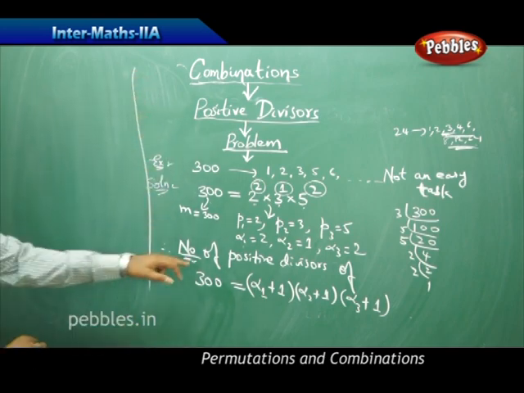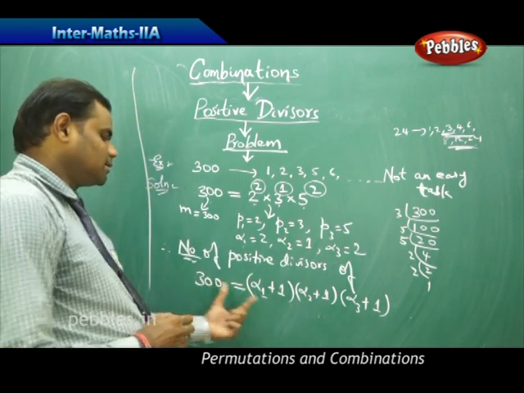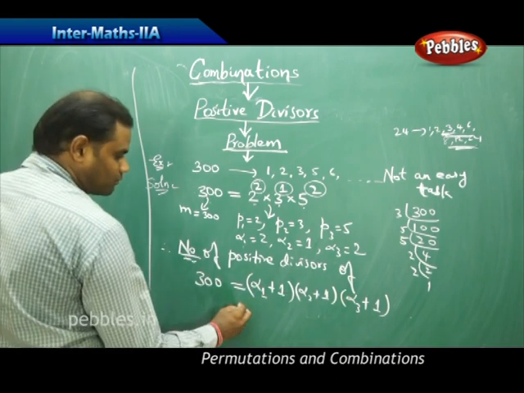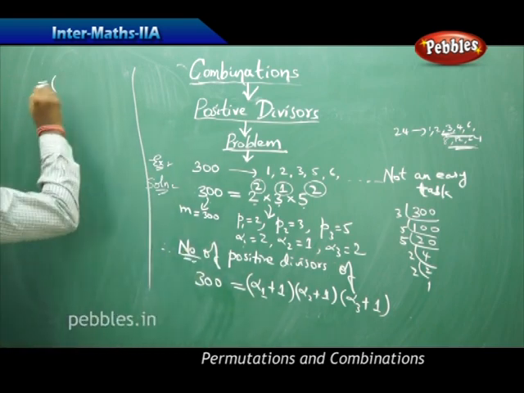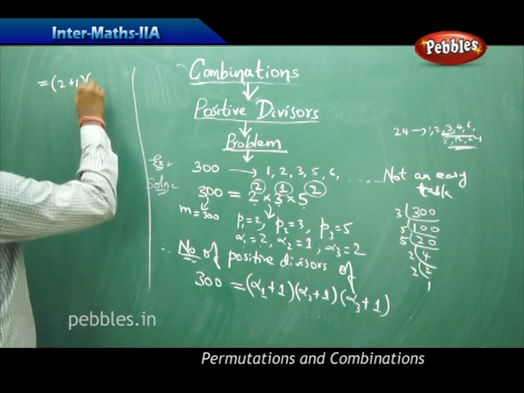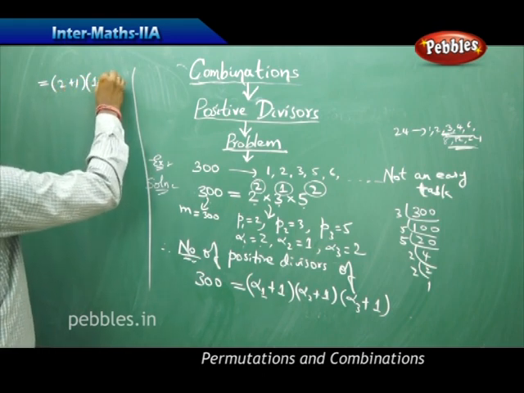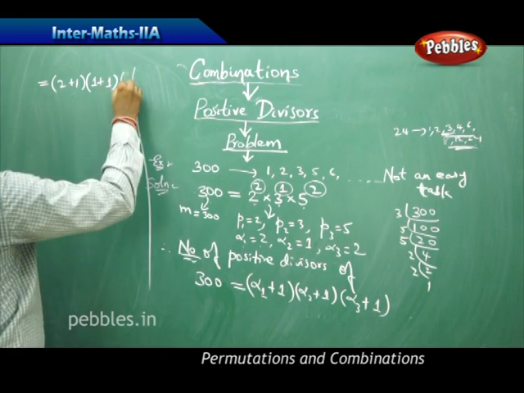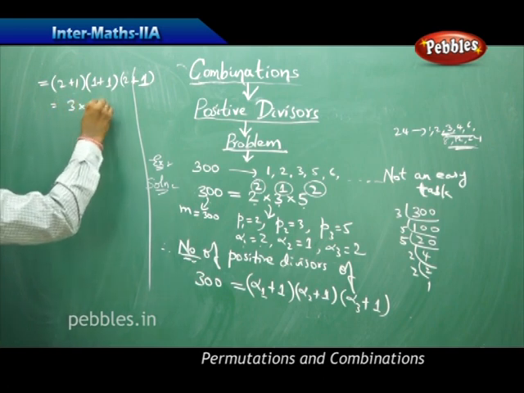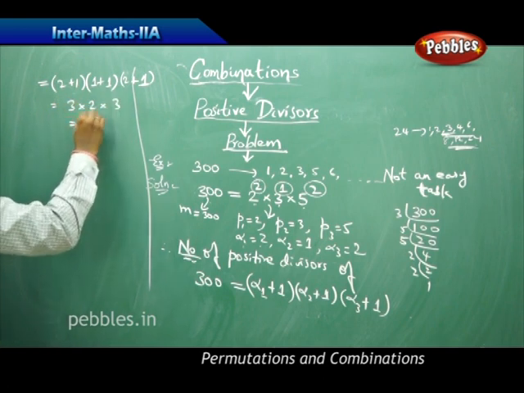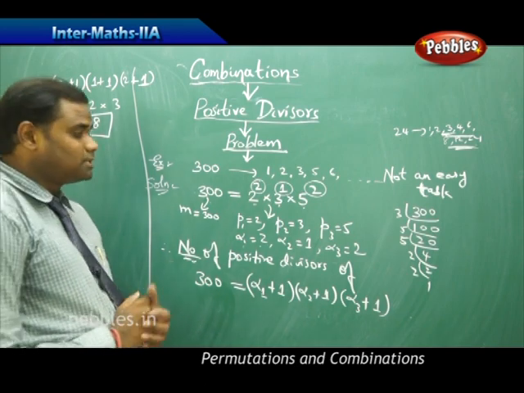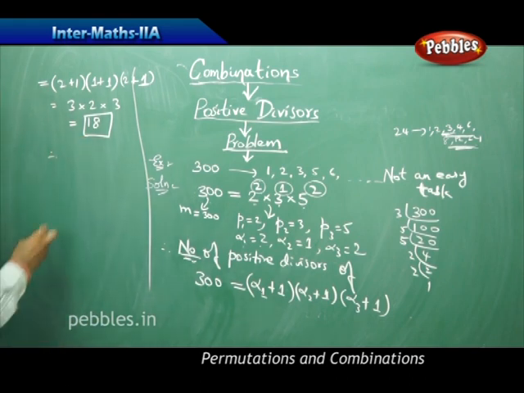On substitution, I get 2 plus 1, 1 plus 1, and 2 plus 1, which gives 3 times 2 times 3, which is 18. Therefore, there are 18 positive divisors of the number 300.